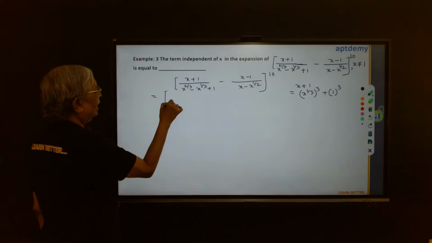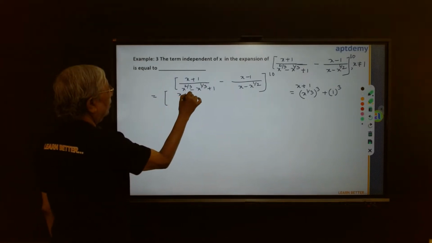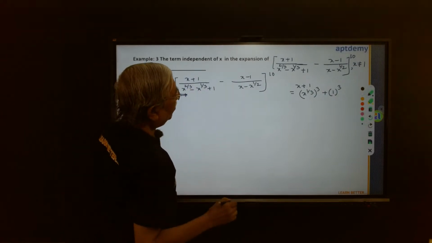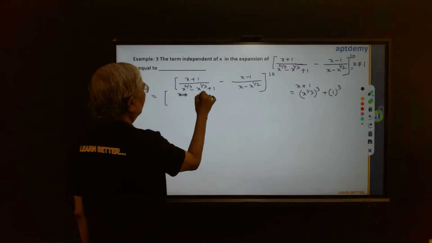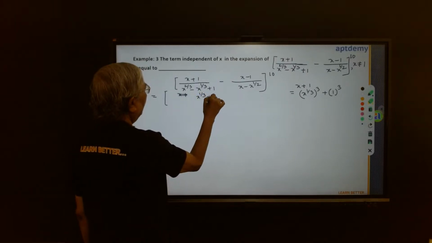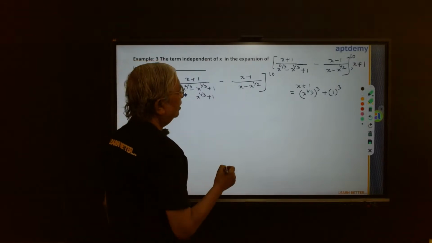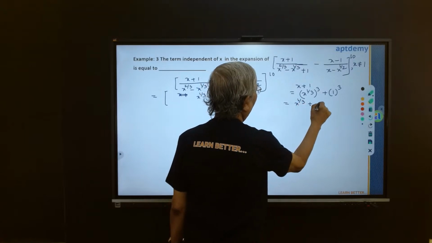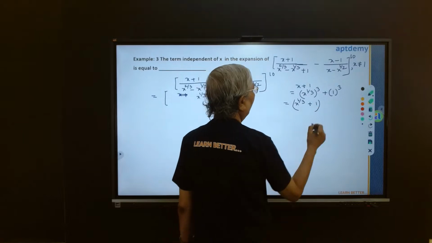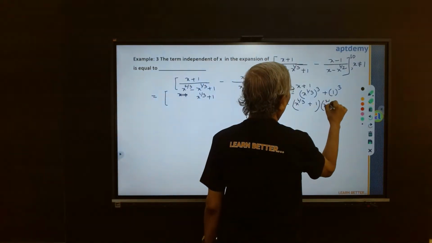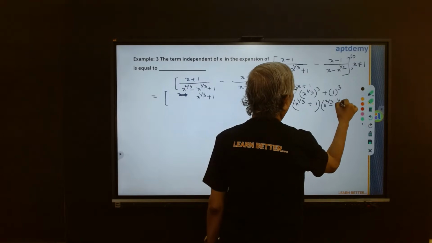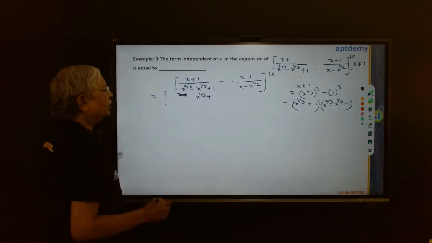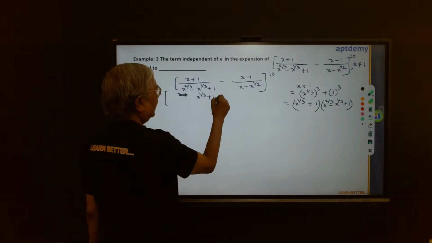So you can write this as x to the power 1/3 plus 1, into x to the power 2/3 minus x to the power 1/3 plus 1. So these two terms will cancel, and only x to the power 1/3 plus 1 will remain.